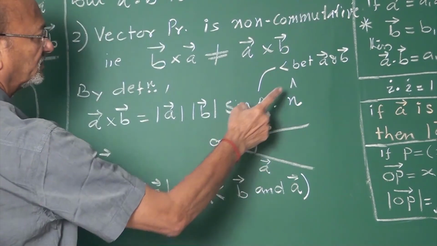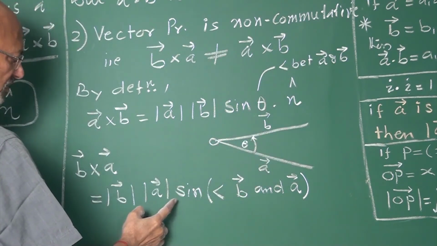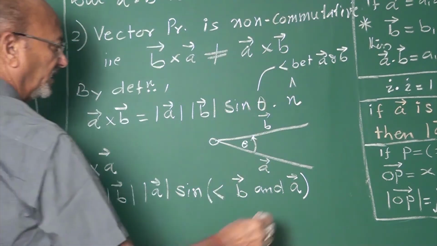Theta is the angle between the vectors A and B, but this is sine of the angle between the vectors B and A into eta cap.